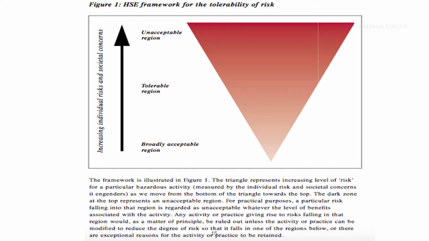Clearly not worth investing a large amount of money in ensuring that doesn't happen. At the top, there are unacceptable risks where the risk reduction simply can't be done, and you mustn't therefore continue with that business activity. It has to be stopped until it can be redesigned in a way that actually brings it down into the tolerable region between the two extremes.